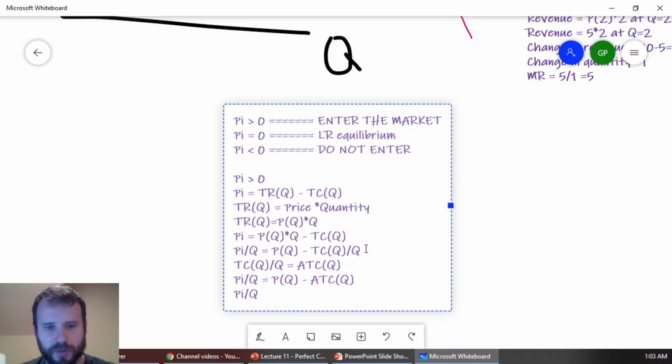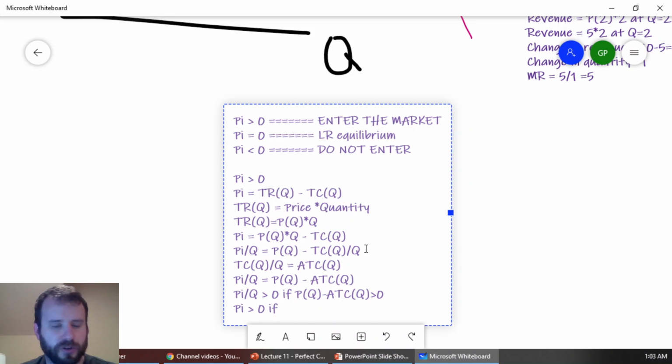So pi divided by Q is greater than 0 if P minus ATC is greater than 0. We can say that pi is greater than 0 if, since Q is always positive, it's always going to be greater than or equal to 0.